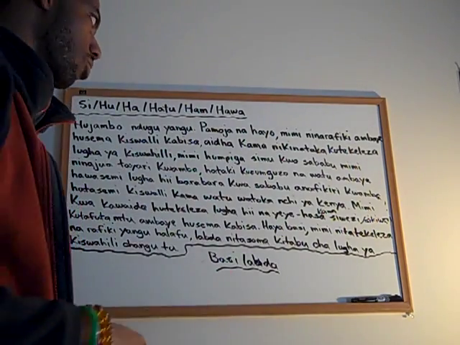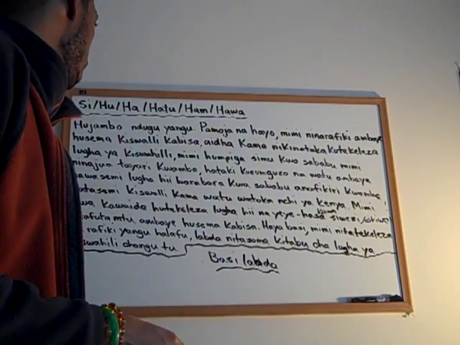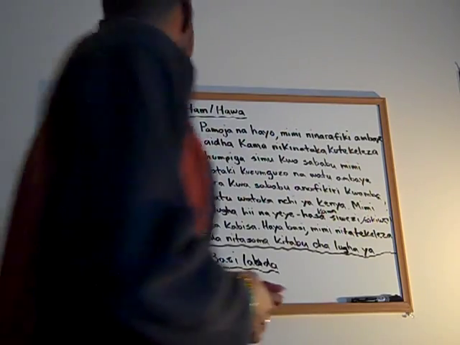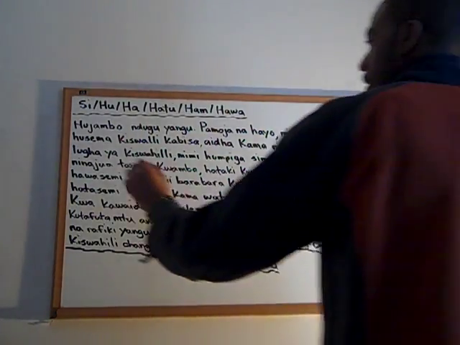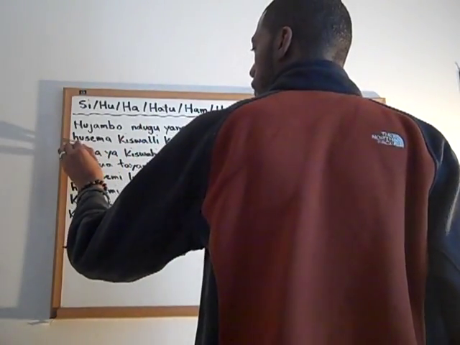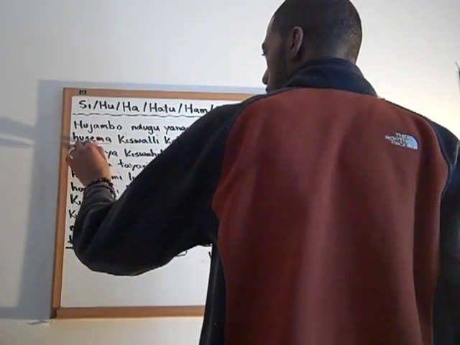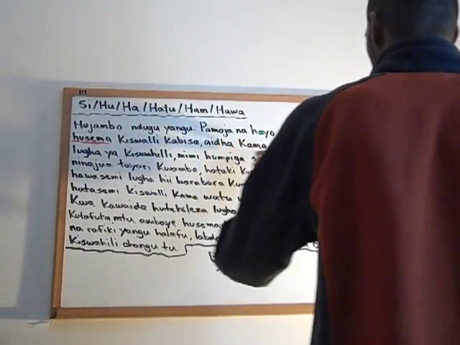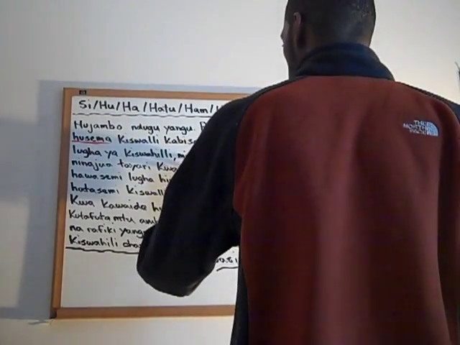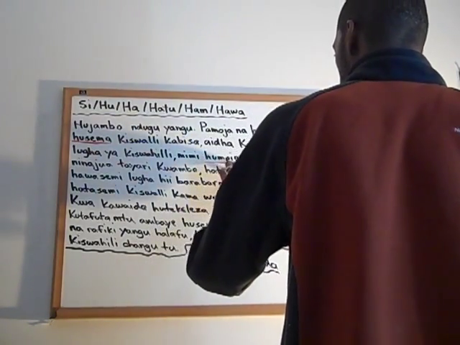It's habitual things that go on normally. Let's find our habituals here in Swahili. So we have hu. It's used here in husema. I'm going to underline all of them. Husema. Let's see, where's another one? Humpiga simu.